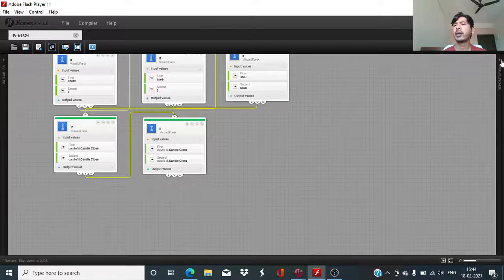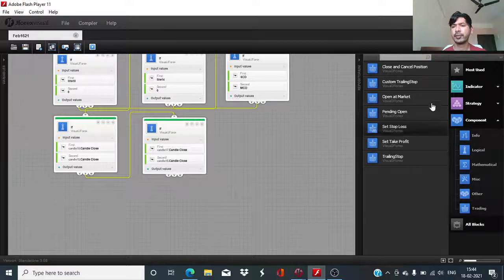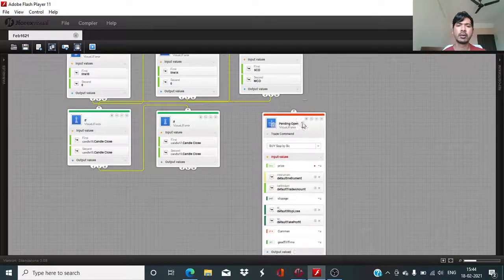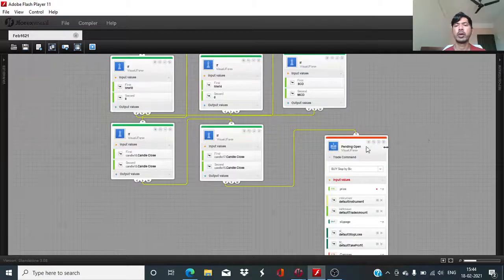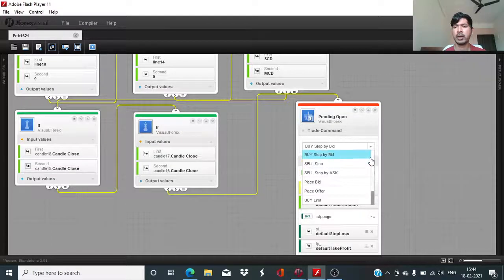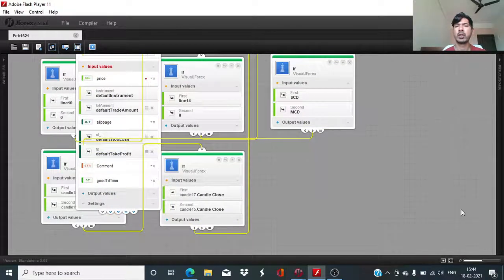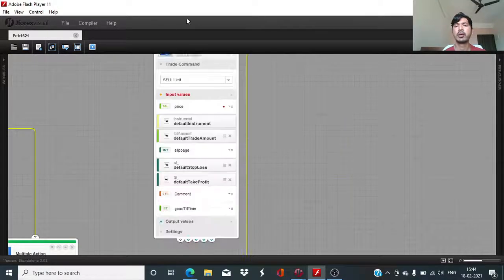And for that, I will have to look at the trading components. Pending open, first input less than second input. Okay, this will be the limit, and the price is going to be the price which we have calculated looking at the volatility.